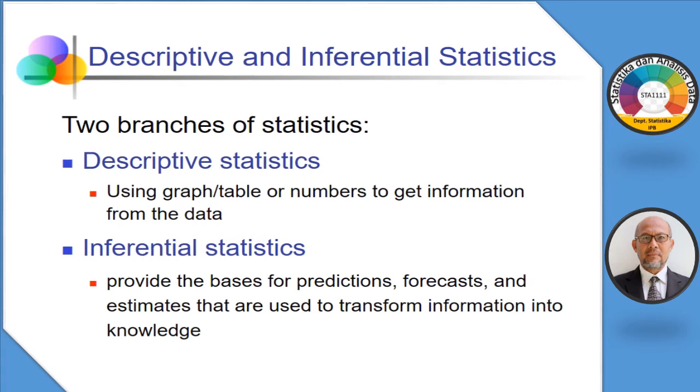In some statistics textbooks, statistics is divided into two branches, namely descriptive statistics and inferential statistics. Descriptive statistics uses graphs, tables, or numbers to get information from the data, while inferential statistics provides the basis for prediction, forecasts, and estimates that are used to transform information into knowledge.